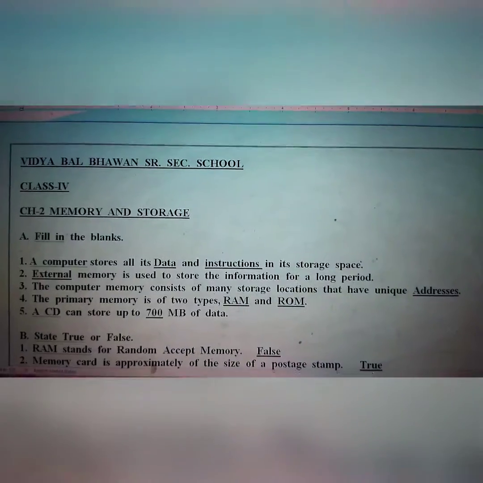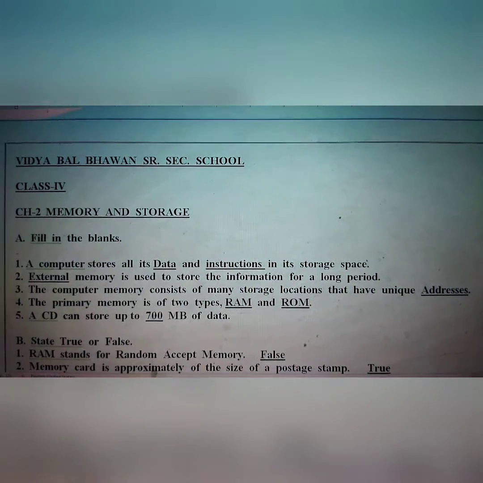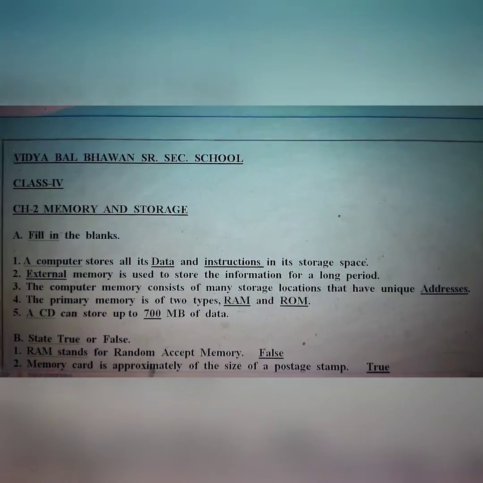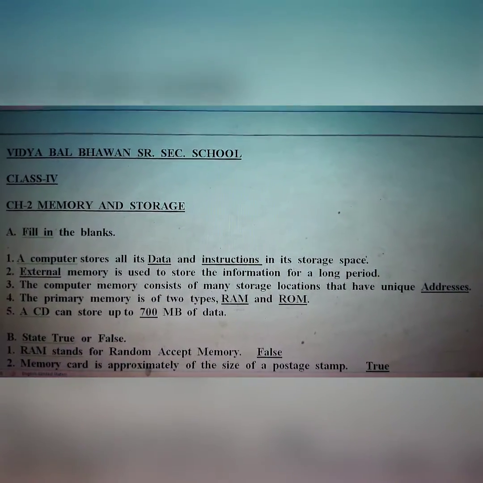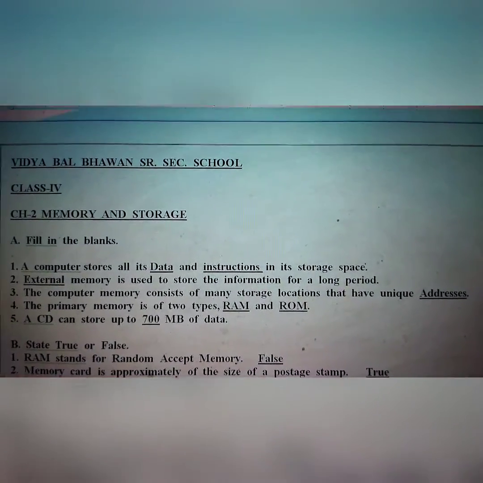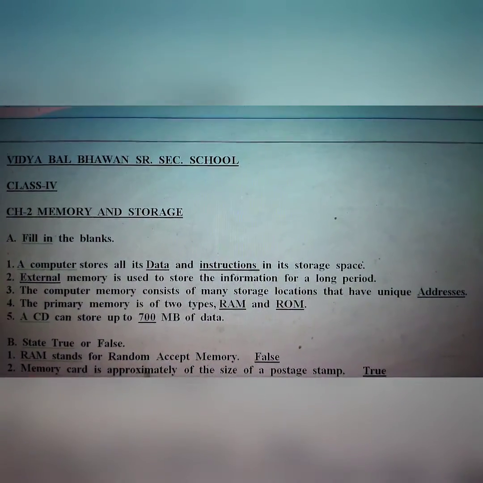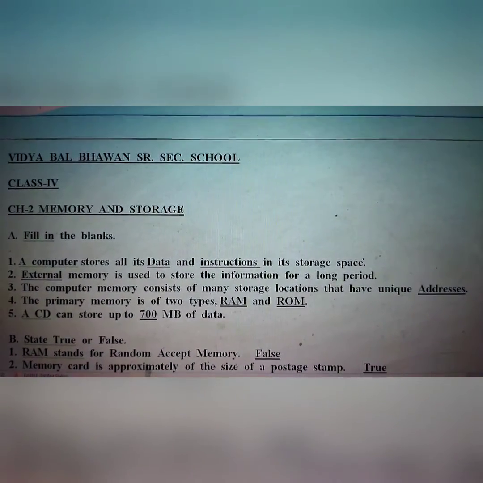Now students, let's discuss the book exercise in your chapter number 2, memory and storage. First is fill in the blanks. First question: a computer stores all its dash and dash in its storage space. It is data and instruction. Second, external memory is used to store the information for a long period.